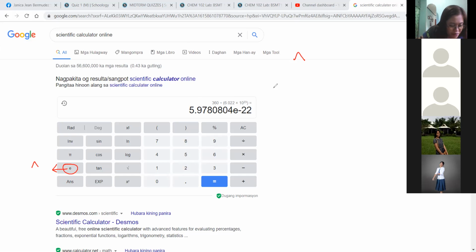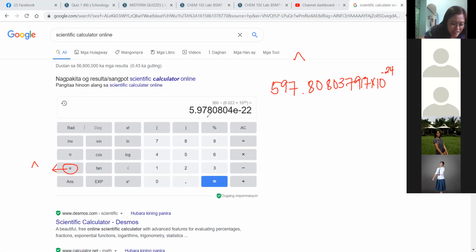Ang answer sa imuhang calcu, 597.80803 7917 times 10 raised to the power of negative 24. Actually, it makes sense. Tama na siya nga answer, pero wala siya nagsunod sa rule sa scientific notation.